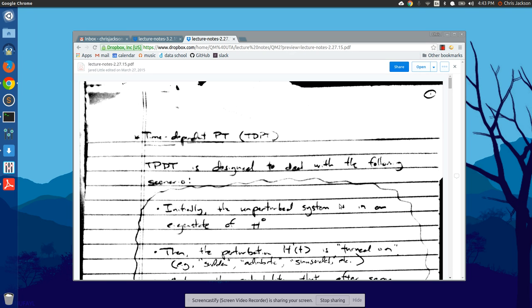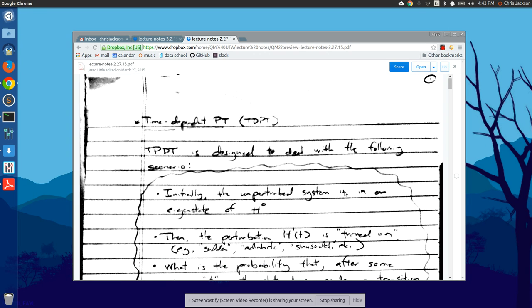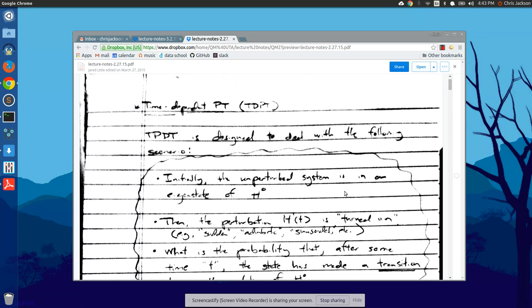So last time we started our discussion on time-dependent perturbation theory, and what we basically did was work out the traditional formalism for time-dependent perturbation theory.